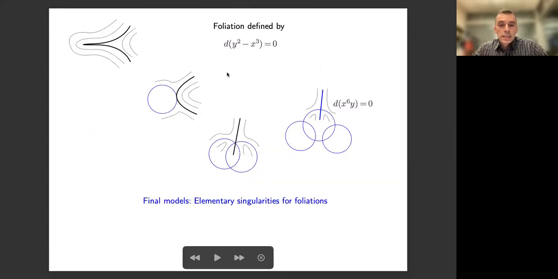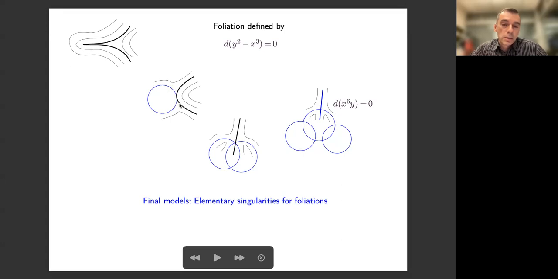So I give an example here, in the very simple case where your foliation is given by the level sets of some function. I use the same example as before, the cuspidal curve. Now the foliation is defined by the level sets of the function y squared minus x to the power 3. And you see that here you have this singular leaf which is given by the cusp, and the nearby leaves are regular ones.